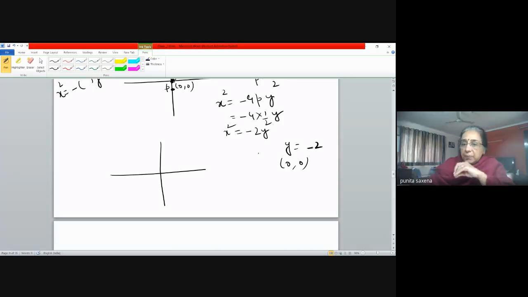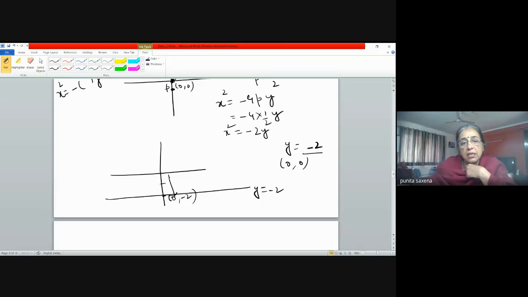Up. Why? Because directrix is y equal to -2. तो अब y इक्वल टू -2 मतलब ये वाली हो गई. ये 0 -2 से पास करेगी हमारी लाइन. ये डायरेक्ट्रिक्स हो गया. दिस इज द लाइन y इक्वल टू -2.